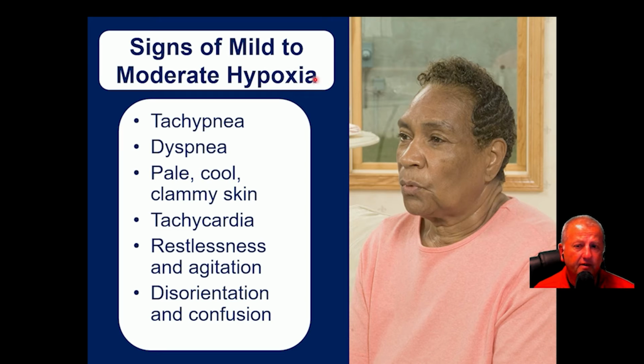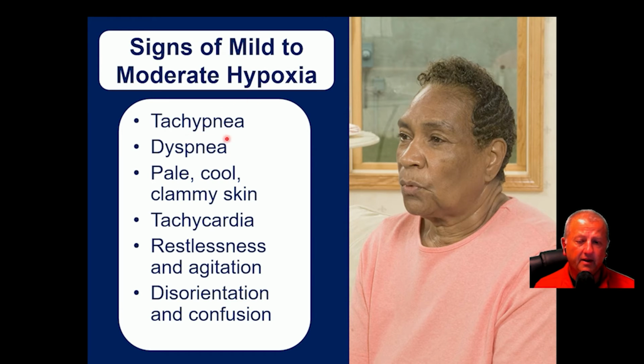There's a difference between mild to moderate and respiratory failure. Huge. So this is a person who's not in respiratory failure. This is a person that could be close, but they're not there yet.